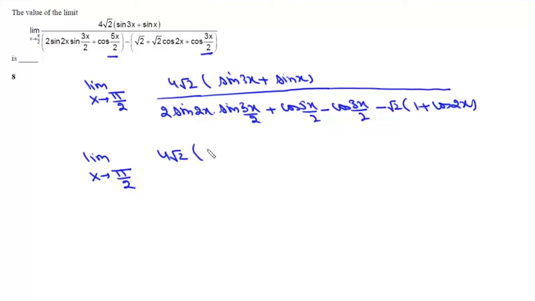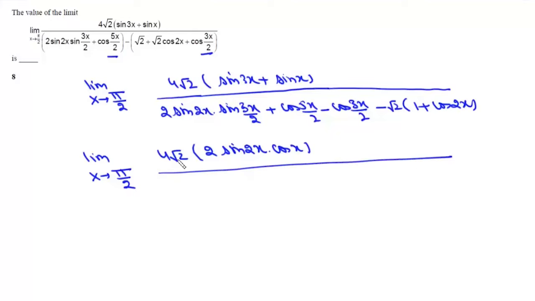Now sin c plus sin d is 2 sin c plus d by 2, so it will be 2 sin 2x into cos c minus d by 2, so it will be cos x. In the denominator we have 2 sine 2x into sine 3x by 2. Now this is cos c minus cos d.